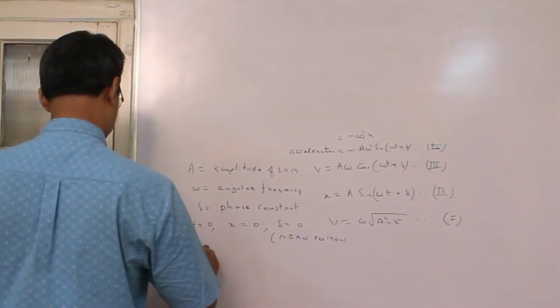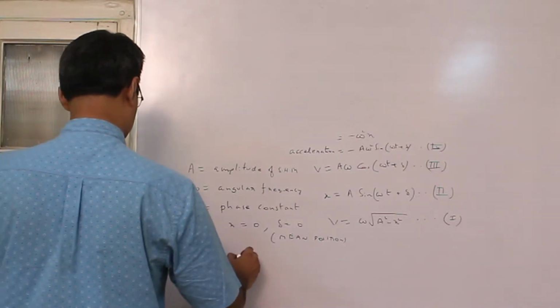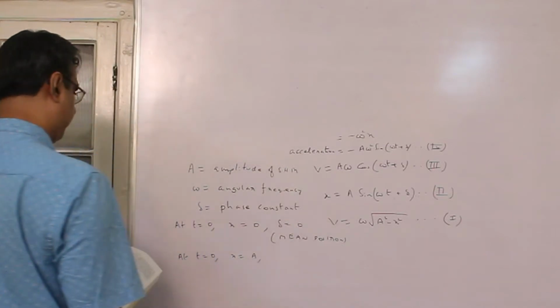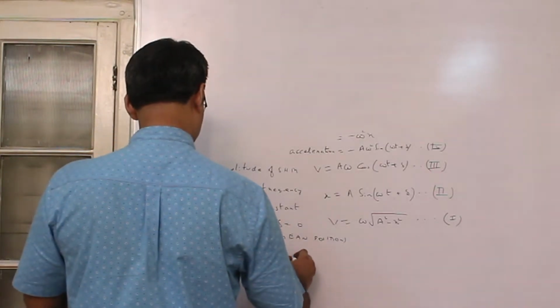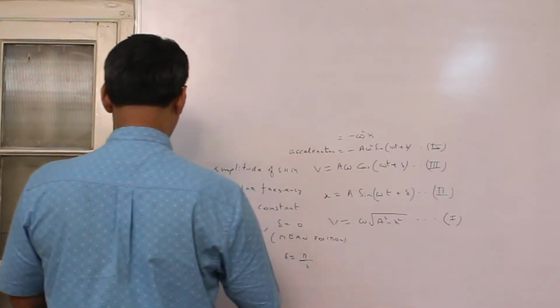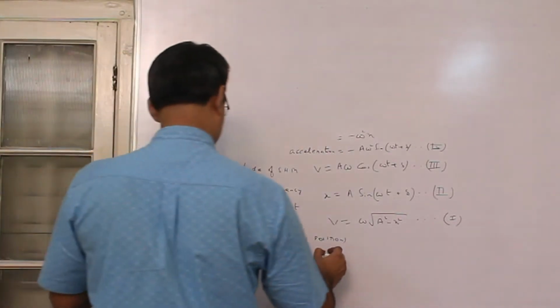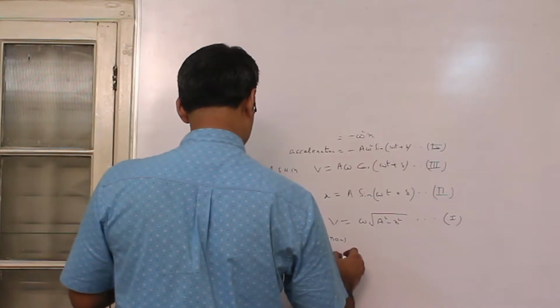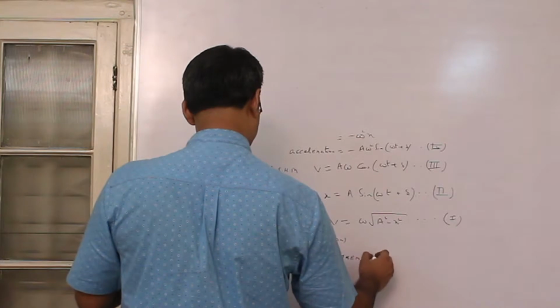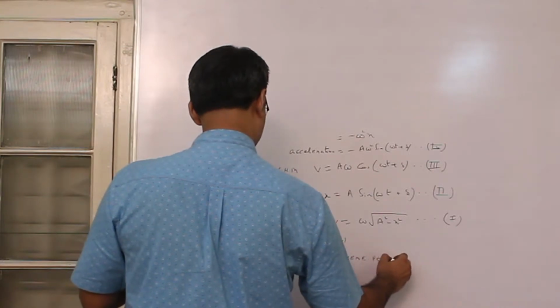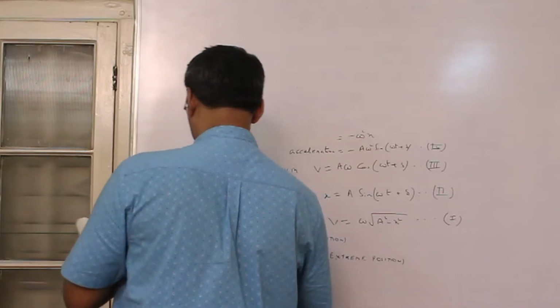On the other hand, at t equal to 0, if x is equal to a, then delta is pi by 2. That means the particle is starting the journey from the extreme position.